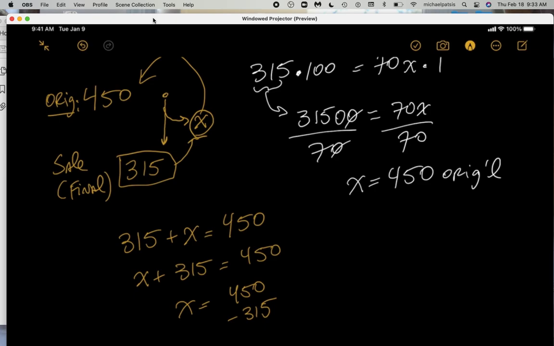Now I know that was probably intuitive for many of you, but this is the way you would set this up with an equation. And once you did that, you would get the amount you saved as $135. Okay, so this is what you saved.